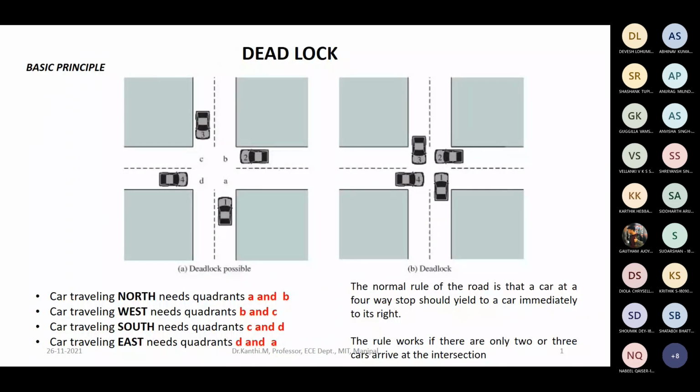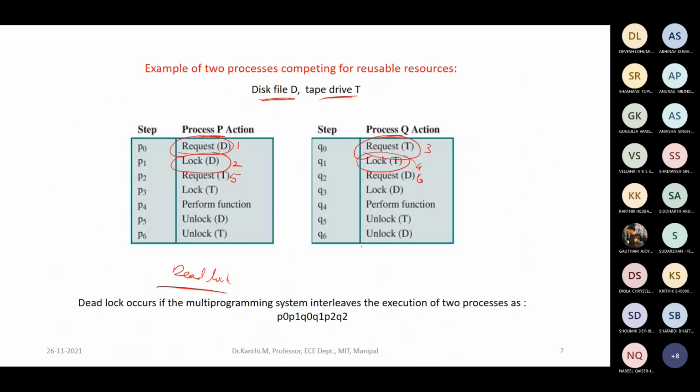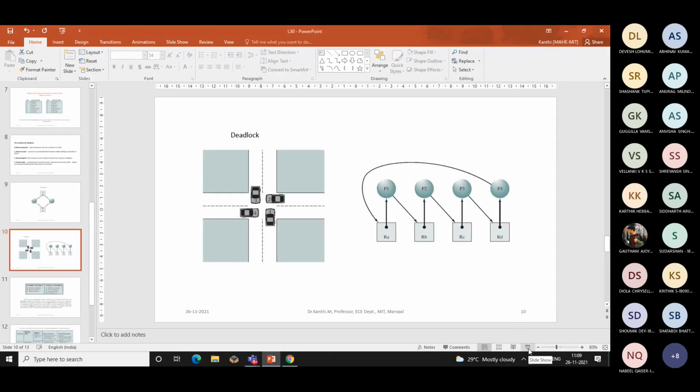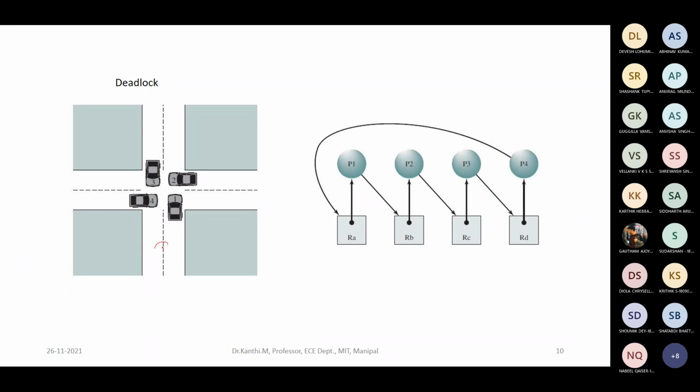So A, B, C, D, right? So this is holding the resource A, and this is B, C, D. Okay.